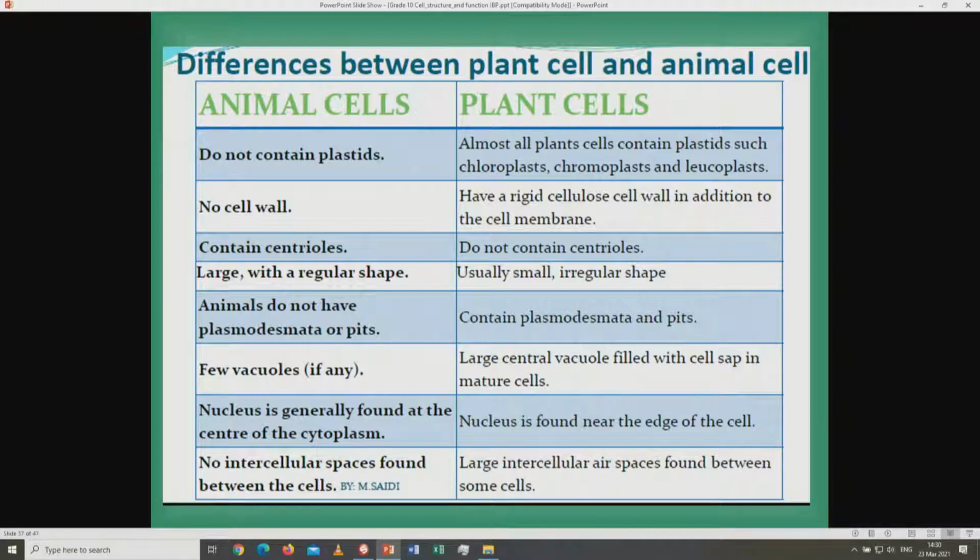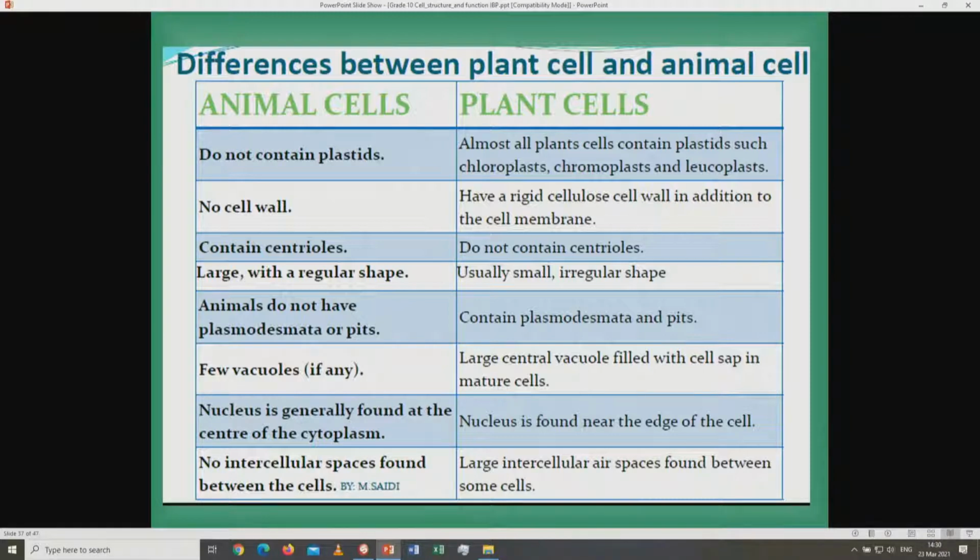Then animal cells do not have plasmodesmata or pits, where plant cells do. Then only few animal cells, if any, have a vacuole. I would actually say none, but I think there are a few, where plant cells, as I showed you earlier, have large central vacuoles filled with cell sap in mature cells.